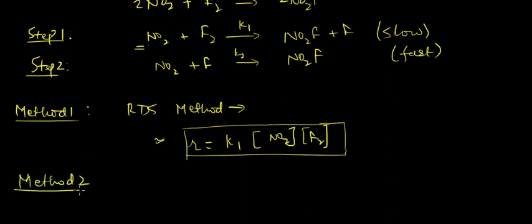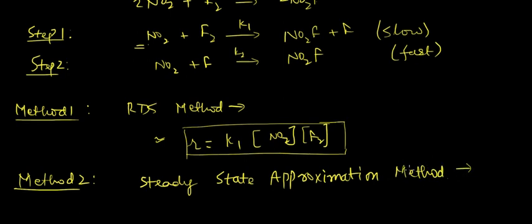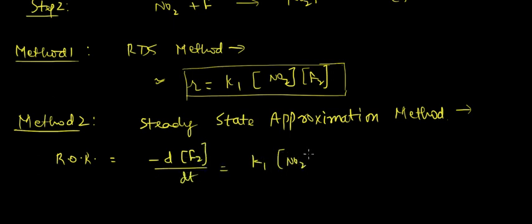Method 2 is the steady state approximation method. In which we can say that the rate of reaction would be equal to minus d of F2 upon dt, which is equal to K1 times NO2 and F2.